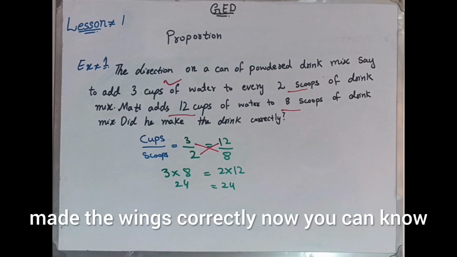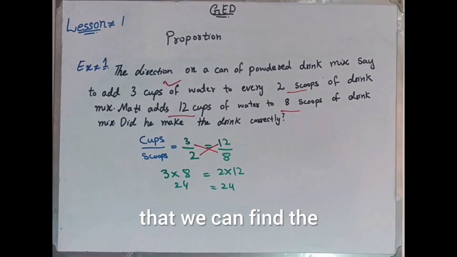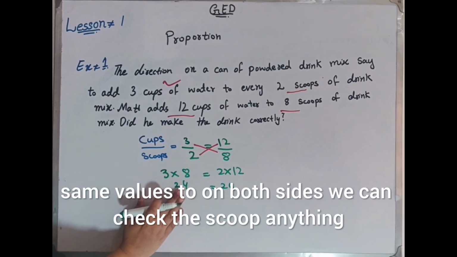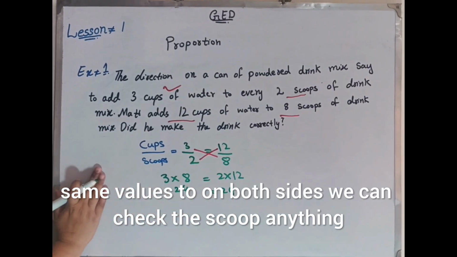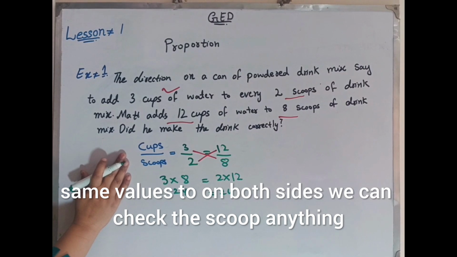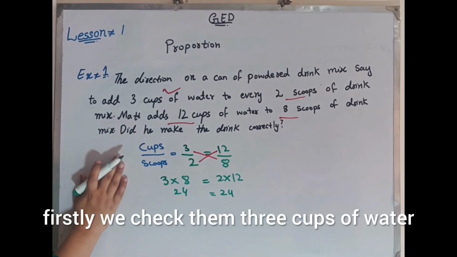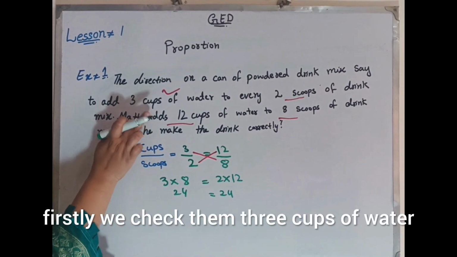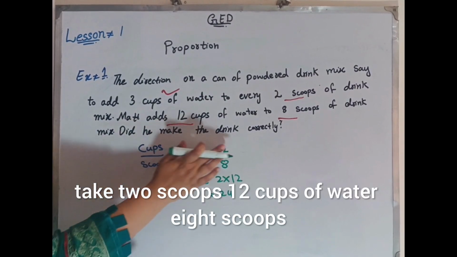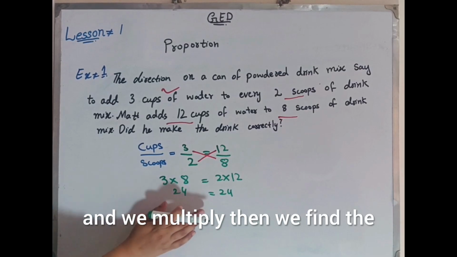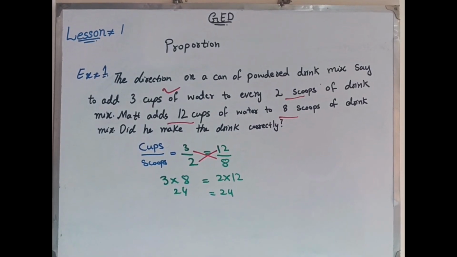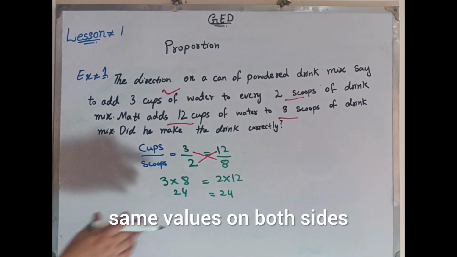Now you can see that we find the same values on both sides. Firstly, we check: 3 cups of water to 2 scoops, 12 cups of water to 8 scoops. And we cross multiply. Then we find the same values on both sides.